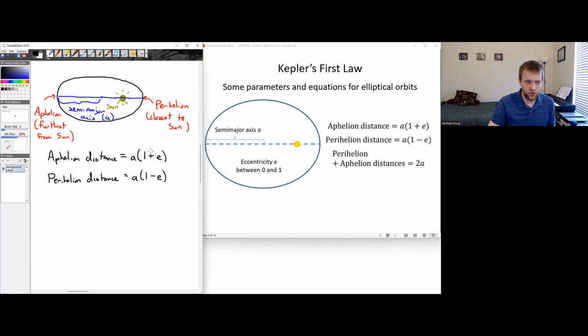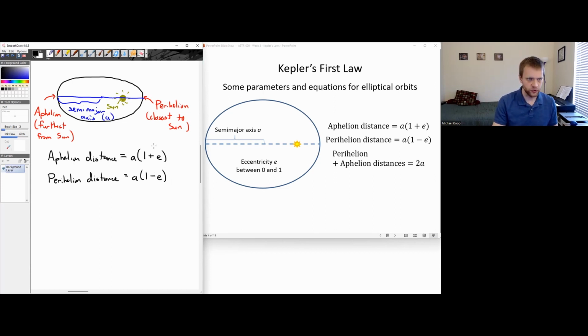So if the eccentricity e is 0, for both aphelion and perihelion distance you just have the semi-major axis. In that case, the semi-major axis is just the radius of the circle. But more generally, if we have an elliptical orbit with a little bit of eccentricity, then we can calculate the aphelion and perihelion distance.